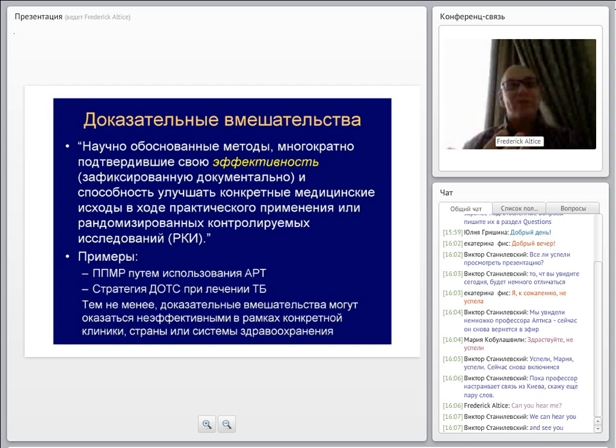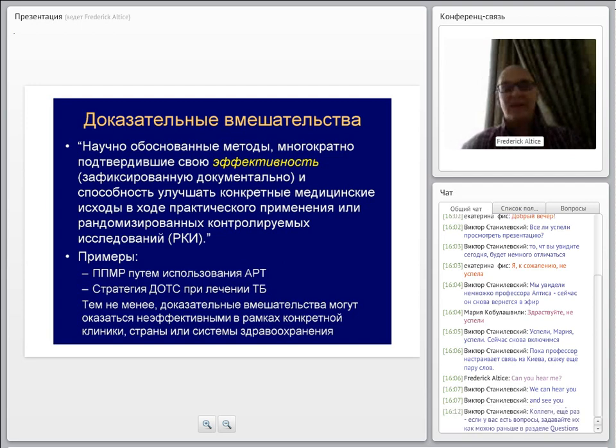However, some people argue that directly observed therapy for tuberculosis doesn't work, and it's operations research and implementation science that help us understand better how it works in one setting but not in another.